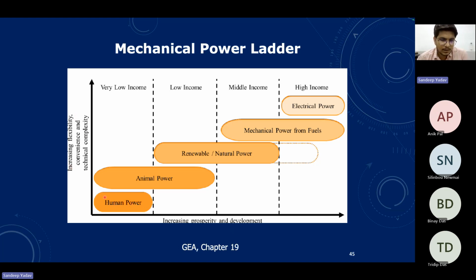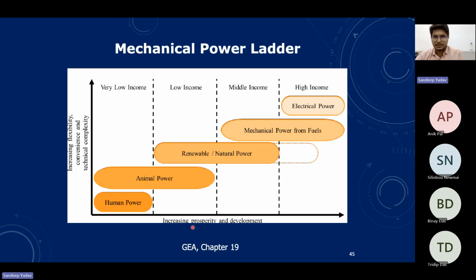Initially, if no money is involved or income is very low, most of the power consumed is human power. With some more income, you can afford animals, so there will be animal power. With low to middle income, you can use renewable or natural power. With middle to high income, mechanical power from fuels, and finally with high income, you can consider electrical power. This is mentioned in the GEA, Global Energy Assessment, in chapter number 19.